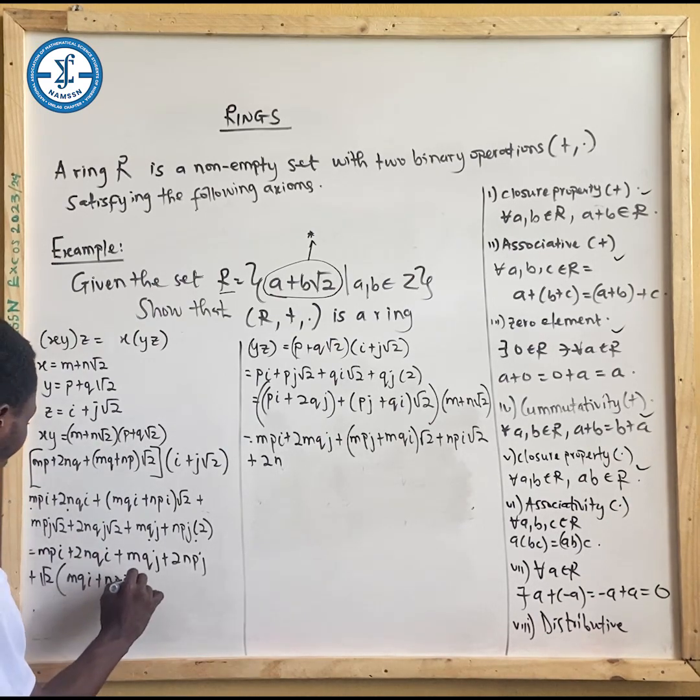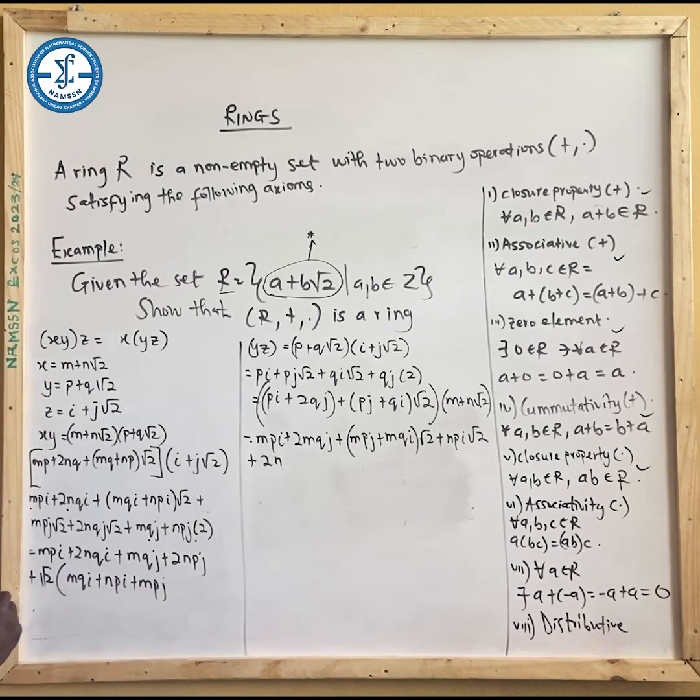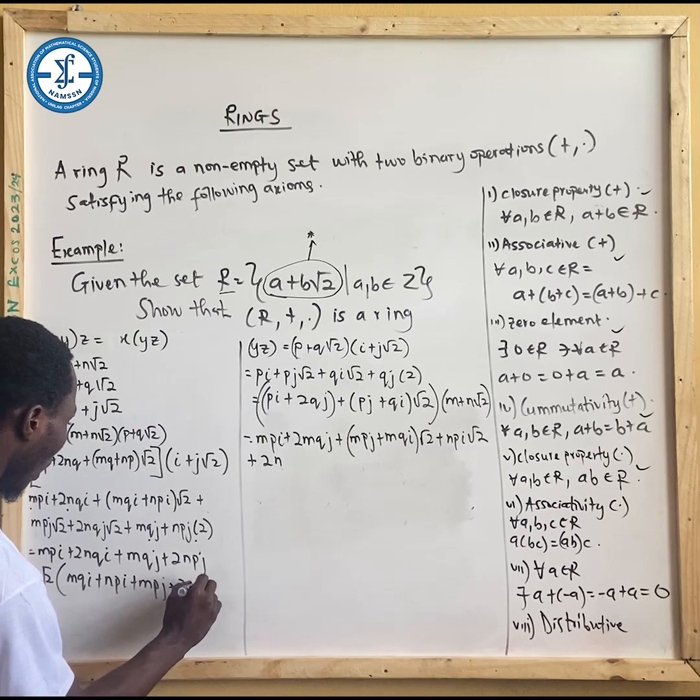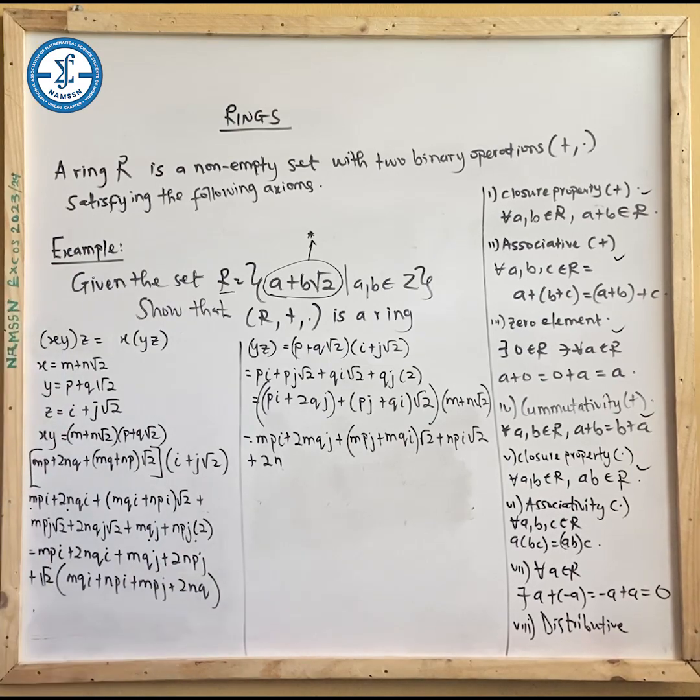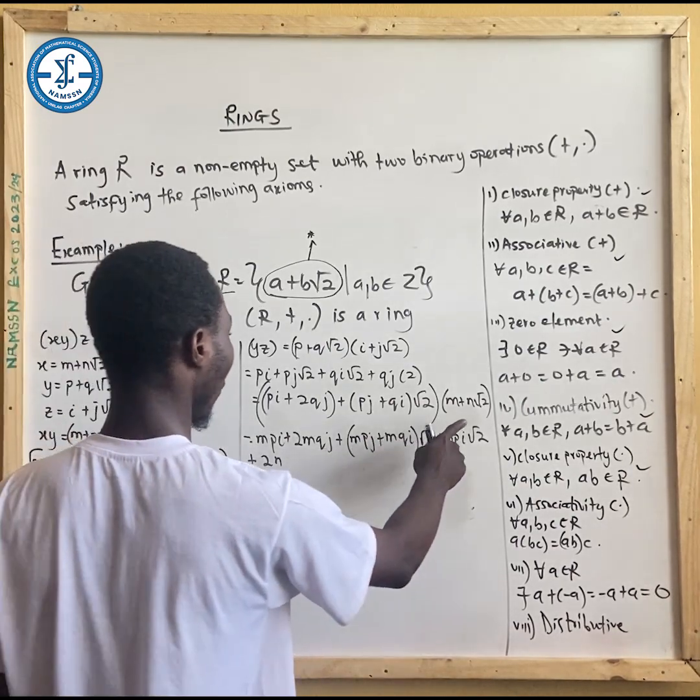Here I have root 2, that's npj. I have root 2 here, I'll be left with 2nq. So this was what I'm supposed to get. Okay, so let's move on.